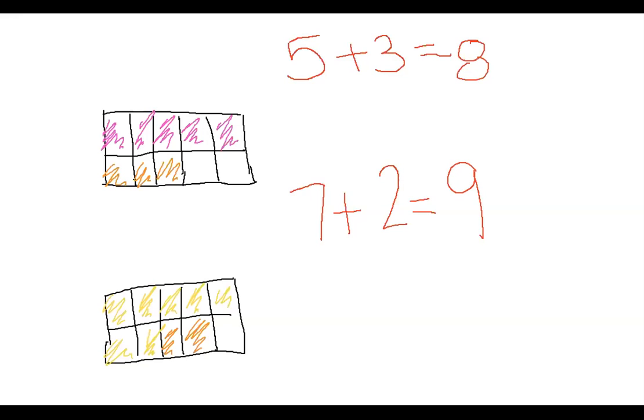Now raise your hand if you are comfortable using the 10 frame method. If you get the 10 frame method, raise your hand. If you're still a little unsure, good job. So everyone gets the method of 10 frame.